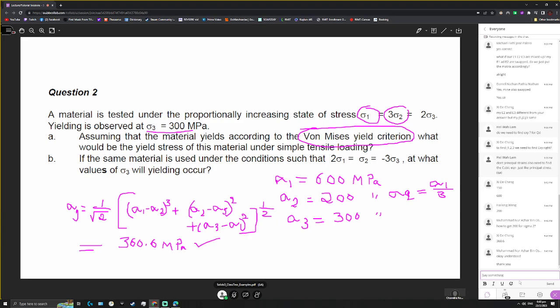So this is part A. Guys, any doubts or any questions on this? Part A, any doubts or any questions, guys?